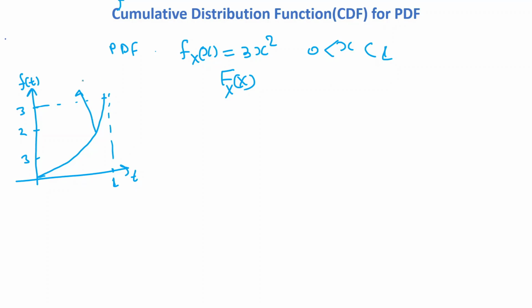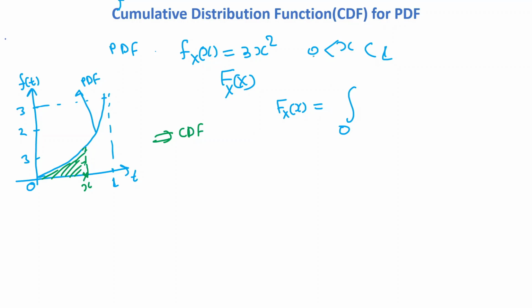This is your PDF. So now we need to calculate the CDF value corresponding to this. Let this be your x value. By using CDF we calculate the area. So let's see how we can calculate the CDF. F(x) equal to 0, like this is your 0.